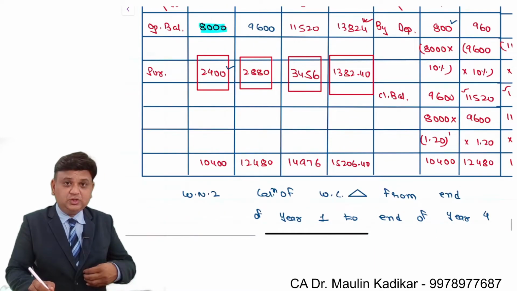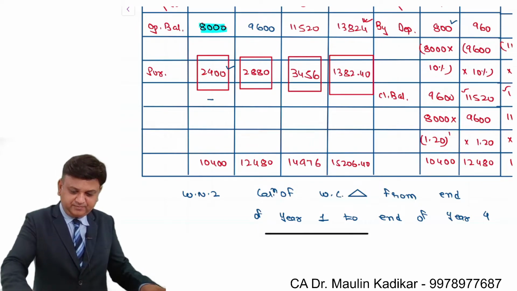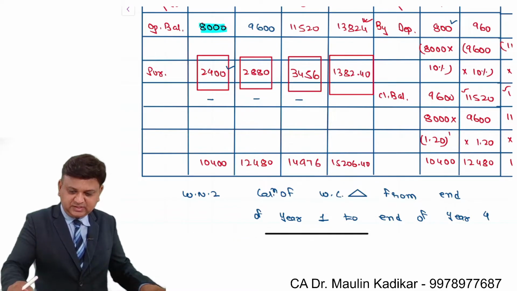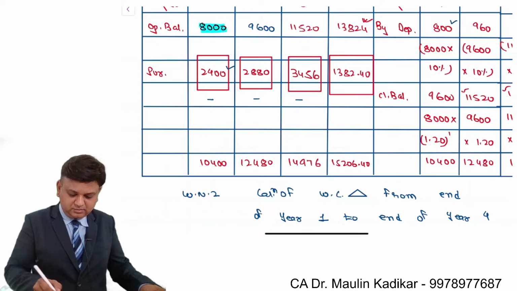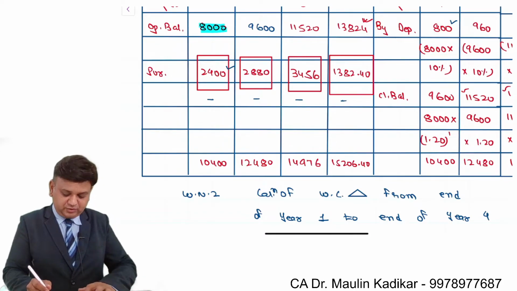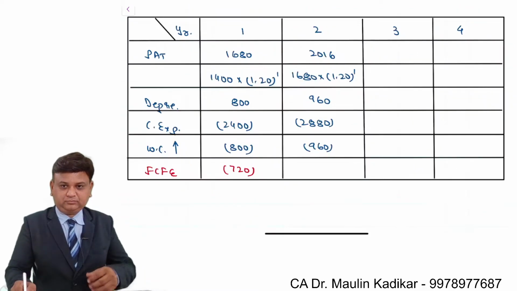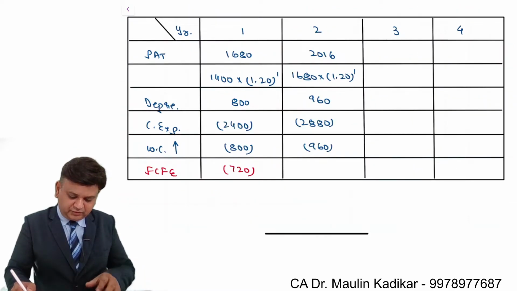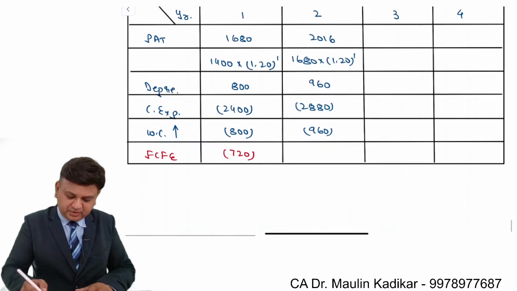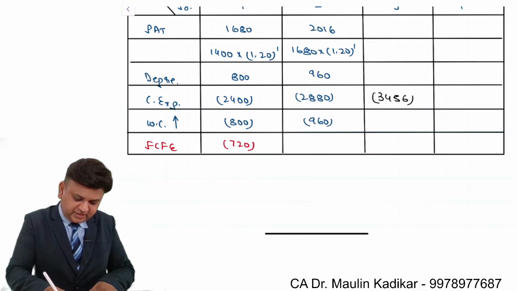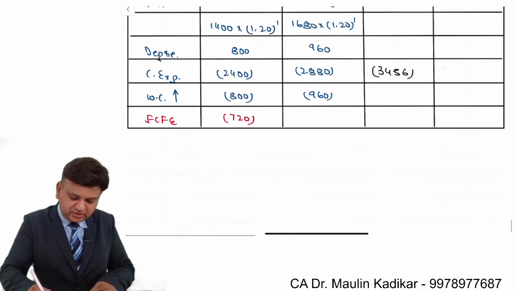This is the way we are required to do the answer. So the purchase is 2400, then it is 2880, 3456, and 1382.4. So for the third year it is 3456, and for the last year it is 1382.40.